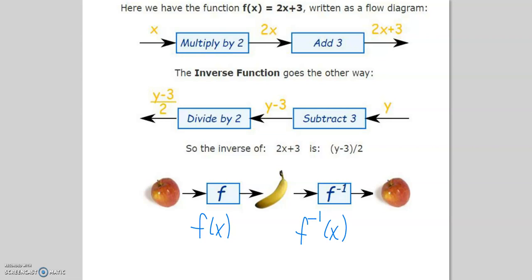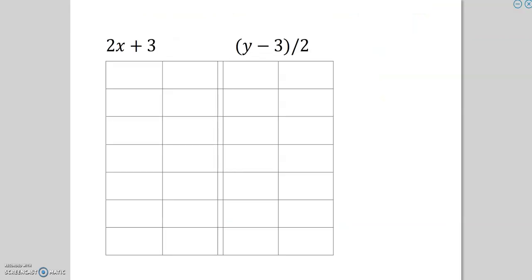So let's see what inverse functions really look like. First we're going to look at them in a table. We know that those two are inverse functions because we know that y minus 3 over 2 undoes 2x plus 3. So let's just do a table of values. We're going to input some numbers and output some numbers.